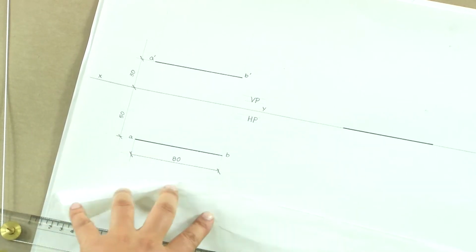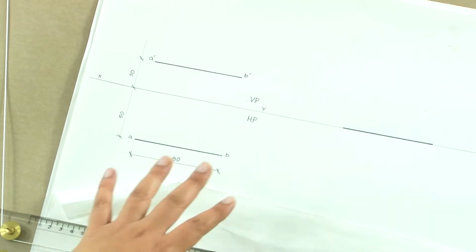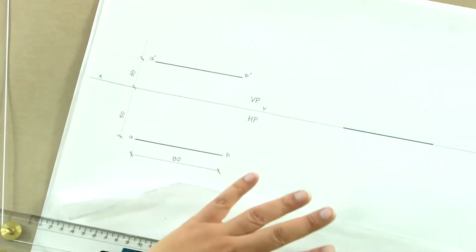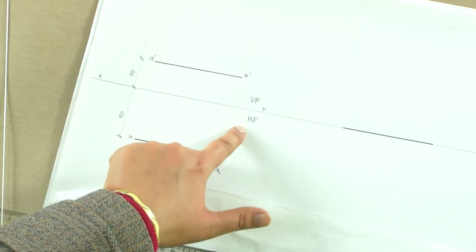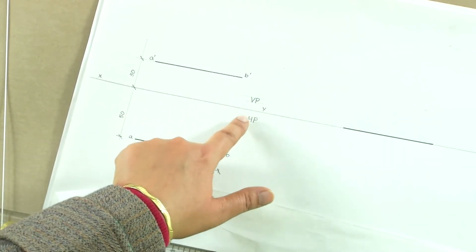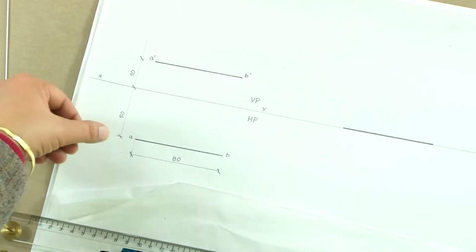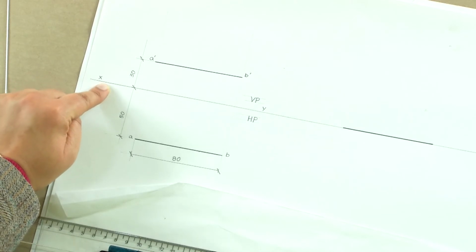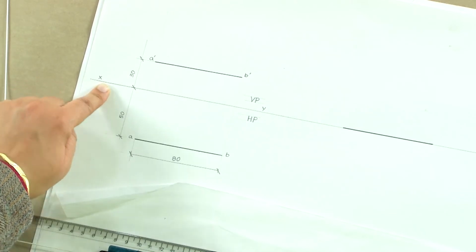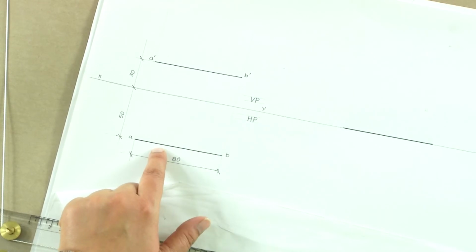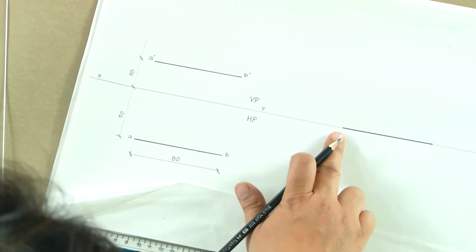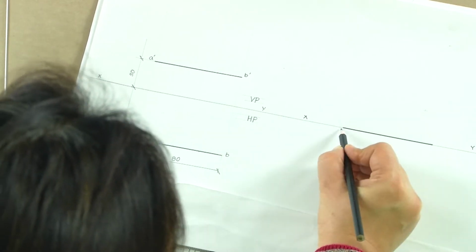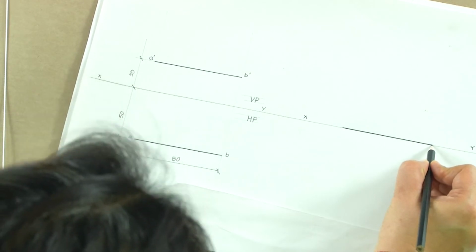If you look at this particular drawing or the previous drawing, you would see that we always take these projectors to be very thin. They should not be seen. Even these guidelines for writing your text should be very thin. These are the guidelines. The dimension line should be the next dark one, almost equivalent to xy. Xy is slightly thicker, and the darkest is the object. The same thing we would follow, and now we can see that xy is distinct and this projection of the line is distinct.